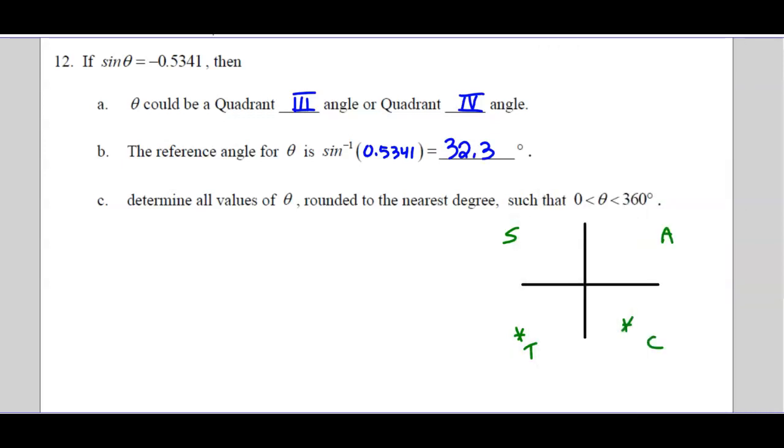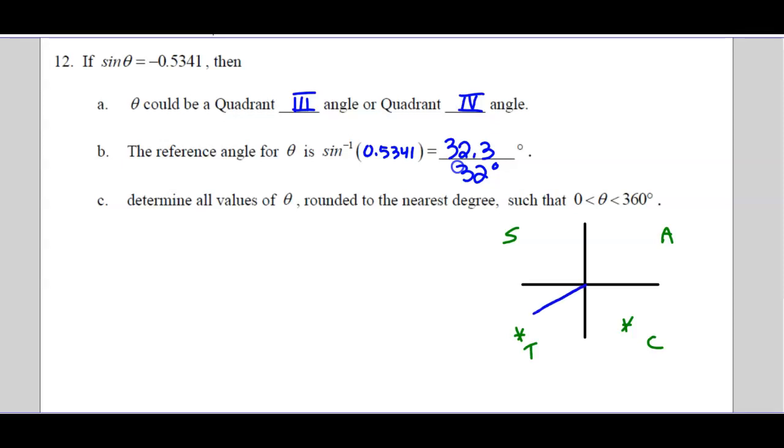Okay. All right, so then it says determine all values of theta rounded to the nearest degree. Okay, so nearest degree, this would be 32 degrees, right? Such that theta is between 0 and 360. So we found the reference angle, 32. That's not your answer in part C. Because we need to find theta where the sine value is negative.